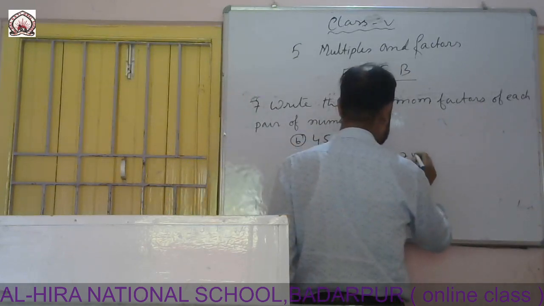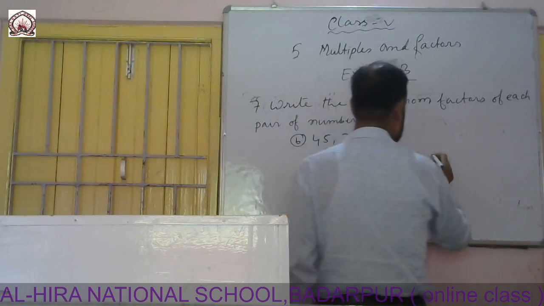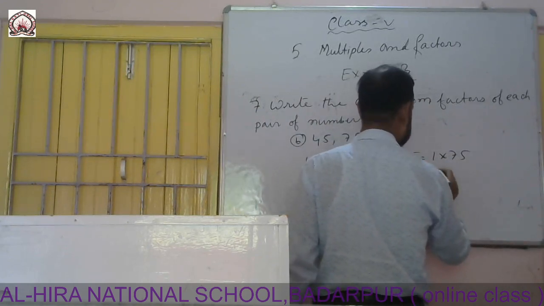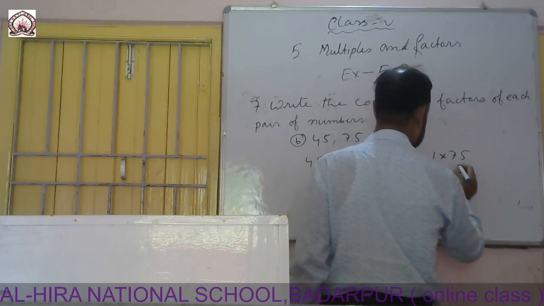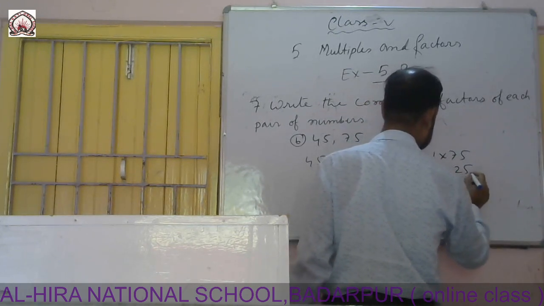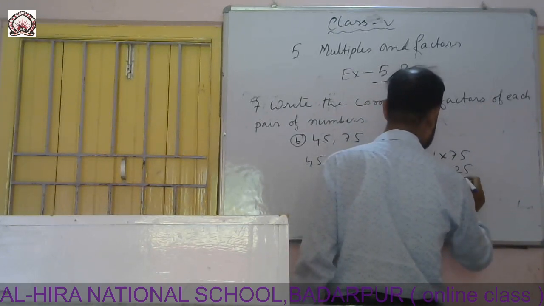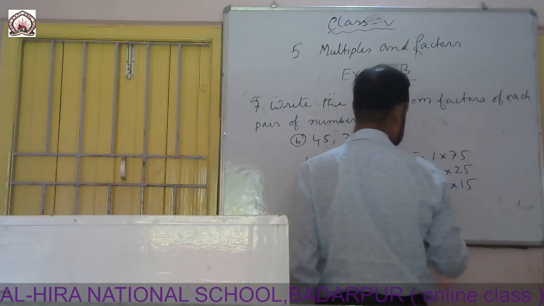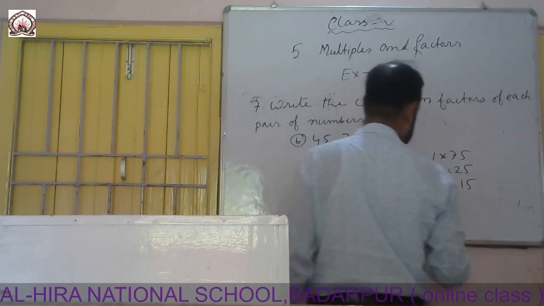The factors of 75 are 1 into 75, 3 into 25, 5 into 15, 6 not, 7 not, 8 not, 10 not.